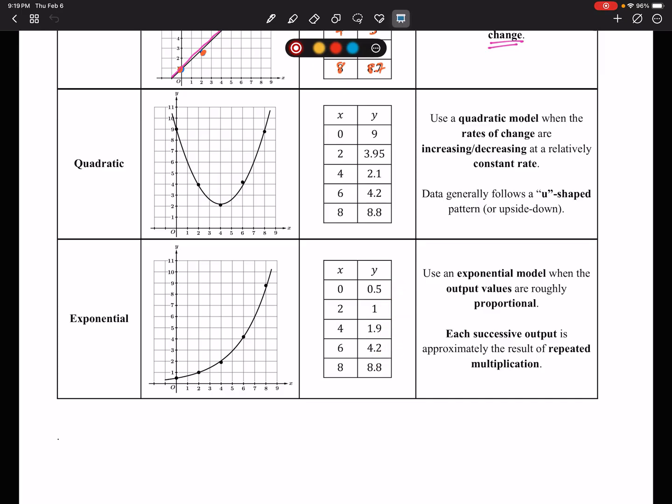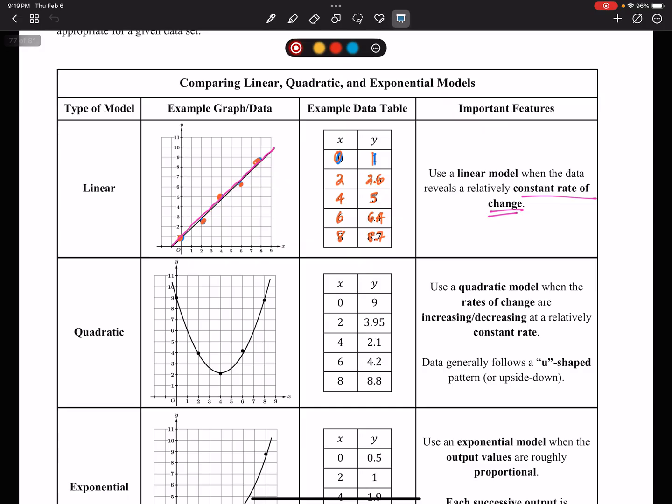Because this is data in the real world, it's not going to be perfect. So for instance, I'll just use the linear as an example. I'm not going to do this for all of them, but I will show you the linear. To get from 0 to 2, you add 2. To get from 2 to 4, you add 2. 4 to 6, you add 2.